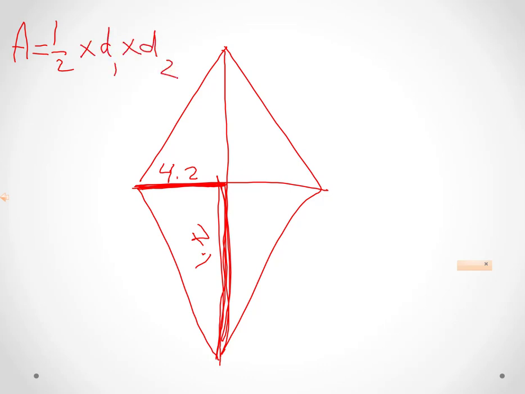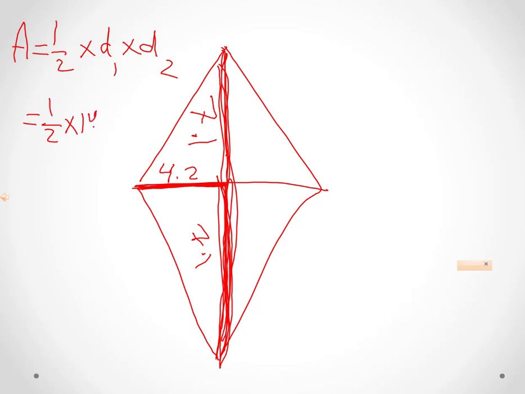Let's see now the length of D1. We don't have the length of D1, we have just this part. This part equals this part also because the diagonals bisect each other. So this part equals 7.1. So D1 equals 7.1 plus 7.1 or 7.1 times 2.